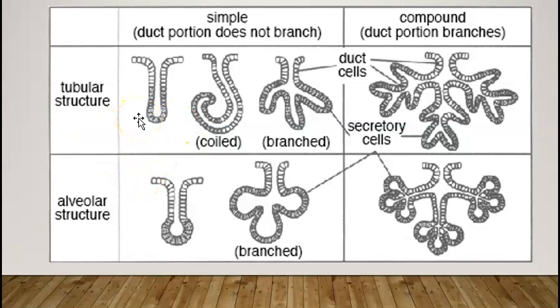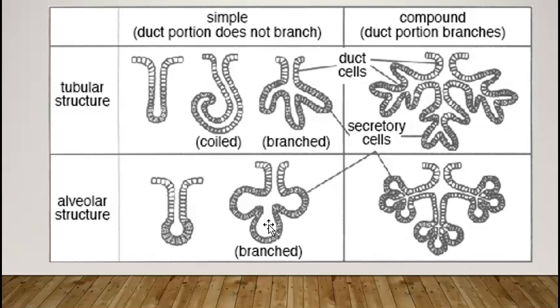So these are the locations of each. Simple tubular glands are found in the large intestine. Simple coiled glands are sweat glands. Simple acinar glands are glands of the penile urethra.